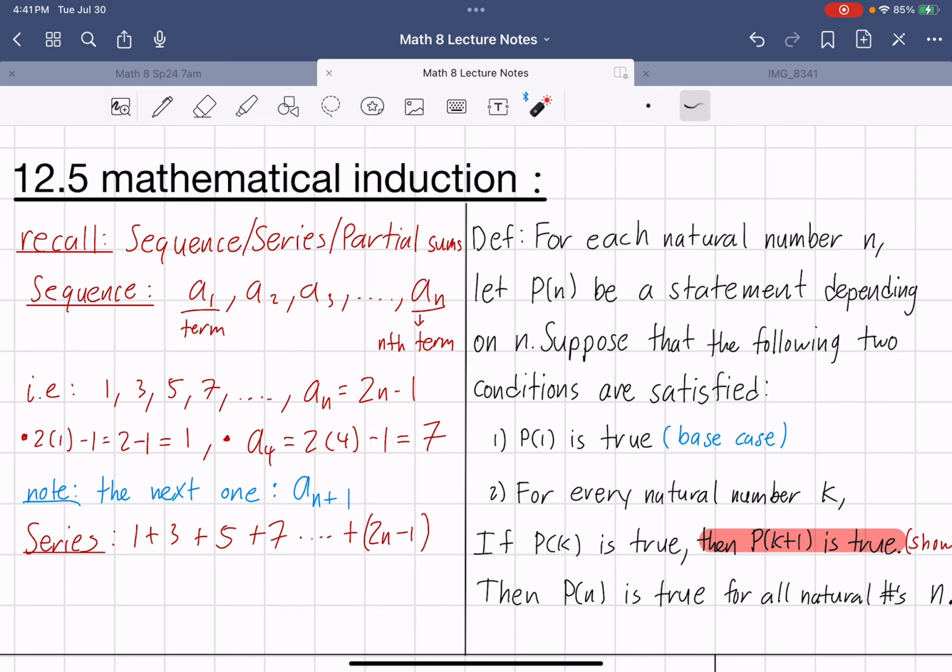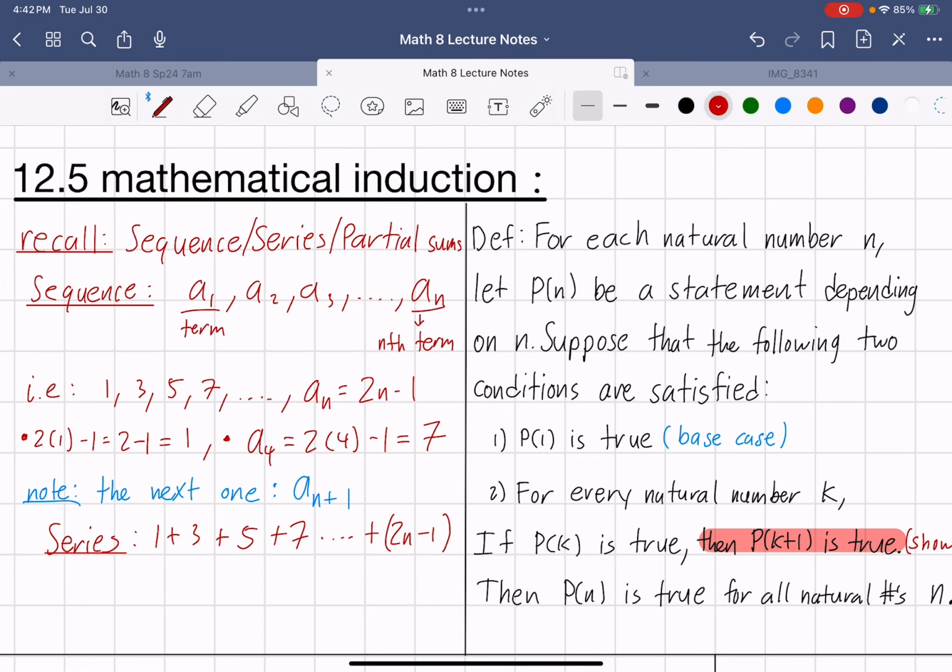Now, there's different notation for a series. I'm not going to go super into it, but the notation for a series is this capital sigma, which just emphasizes summing. Then you normally would write i equals 1 and then n, so this is where you start, this is where you end.